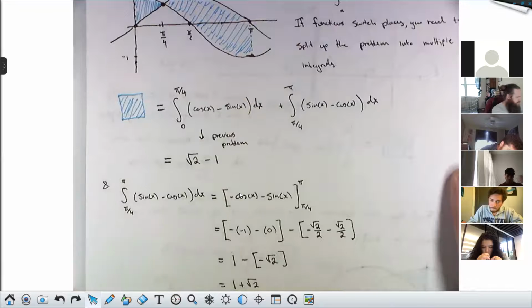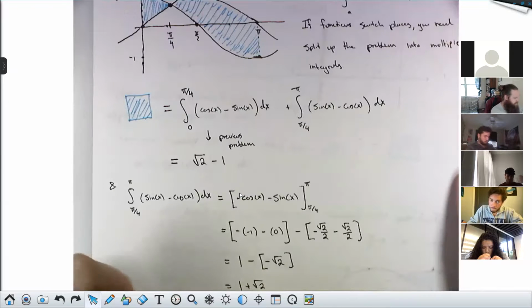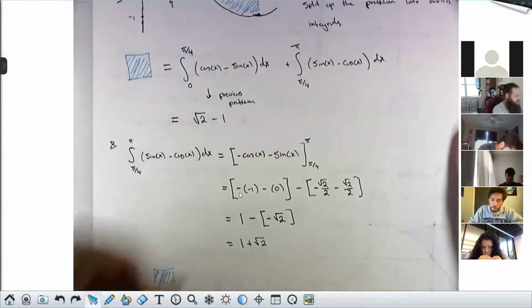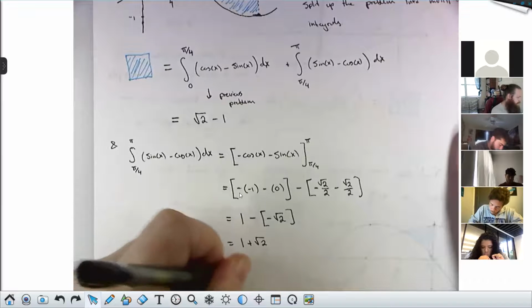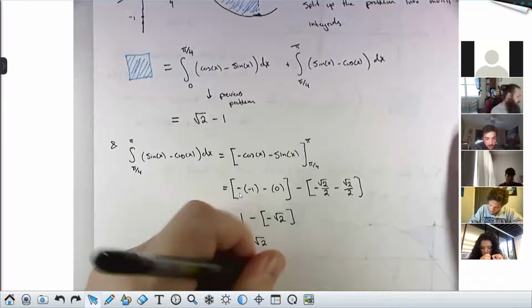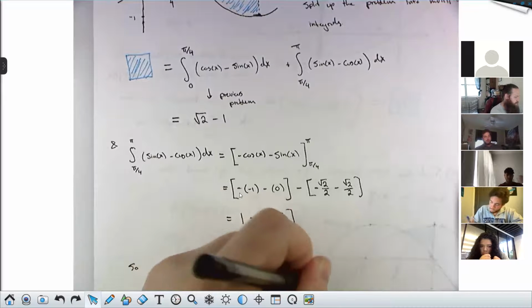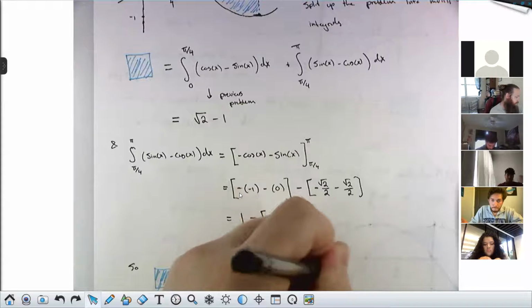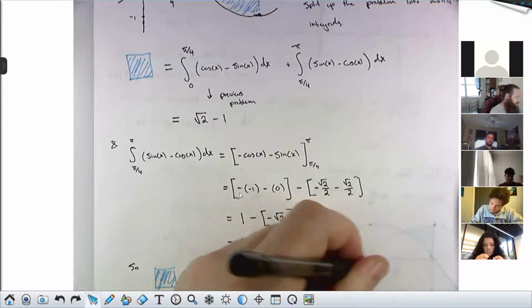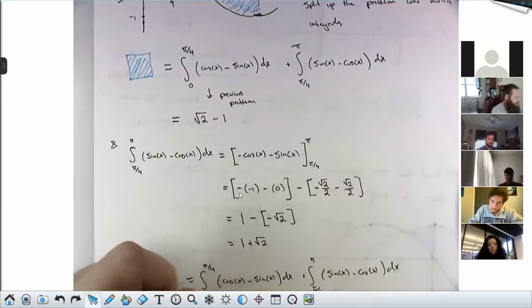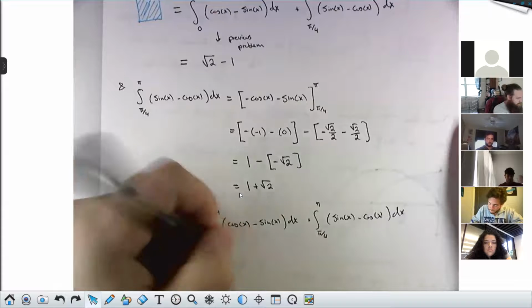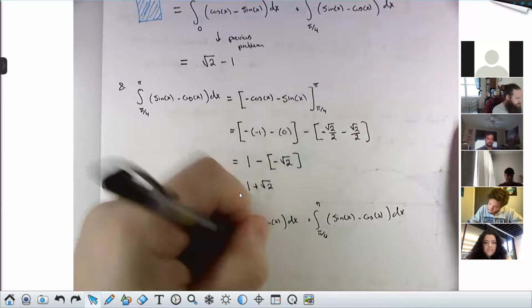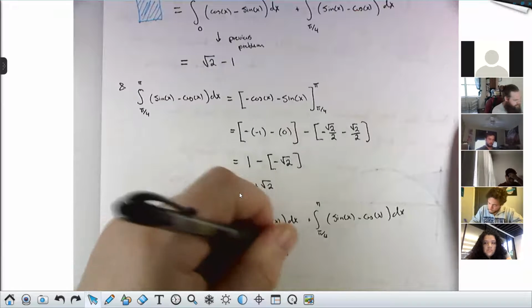So the blue shaded area is equal to, I'll rewrite it, integral 0 to pi over 4 cos x minus sin x dx plus the integral from pi over 4 to pi sin x minus cos x dx is square root of 2 minus 1 plus 1 plus the square root of 2.